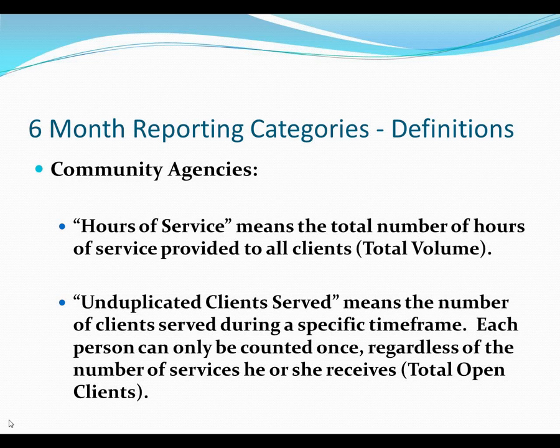You'll see in the 6-month reportable data for community agencies that under partial hospitalization, under Crisis Intervention Services, and under Other Services, you'll see a need to list the total number of unduplicated services that were provided, and we'll get to that when we look at the actual form.